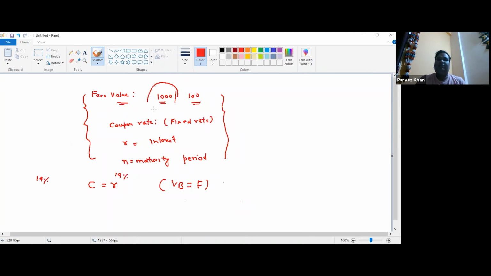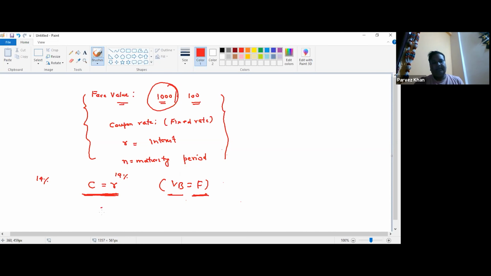If your face value is 1,000, the bond value will also remain 1,000. No need to do any calculation. Sir, once more, sir. If coupon rate and discount rate are the same, bond value and face value will remain the same. It is not going to change. Coupon is 14%, R is also 14%, so if face value is 1,000, bond value will remain 1,000 rupees.